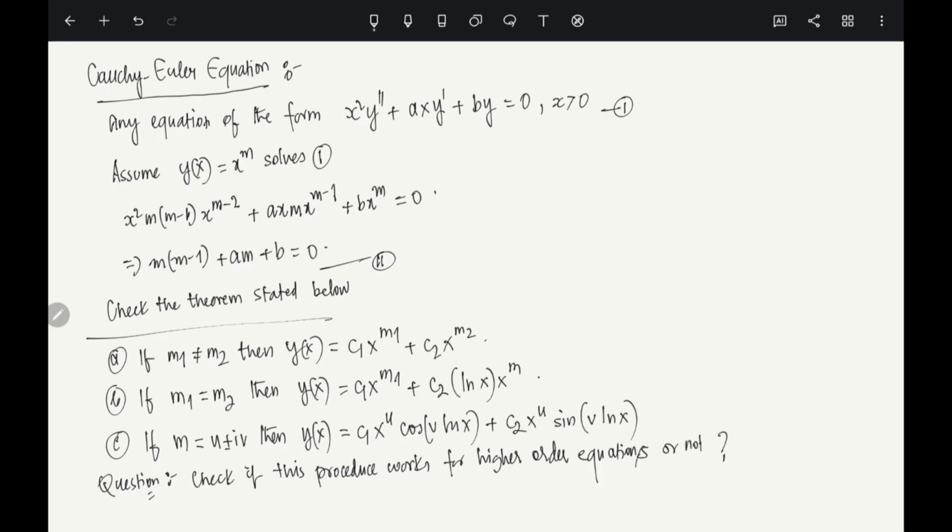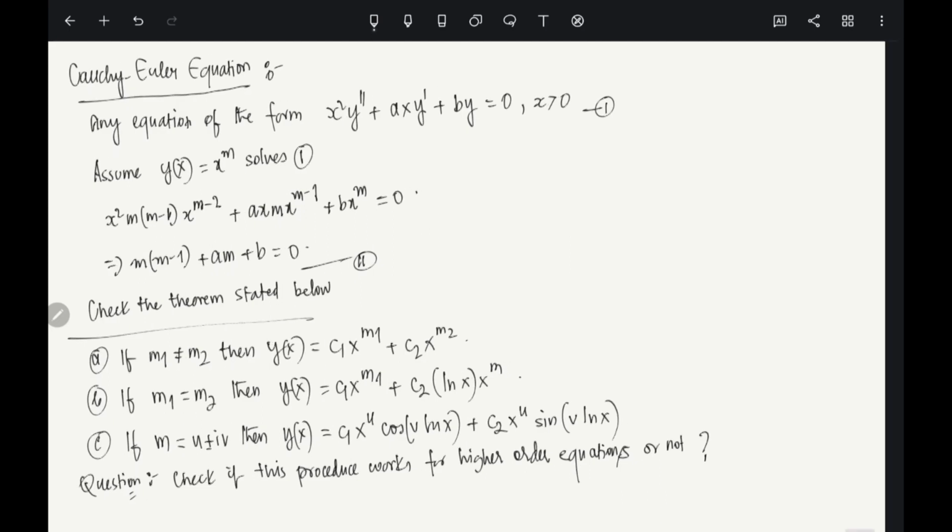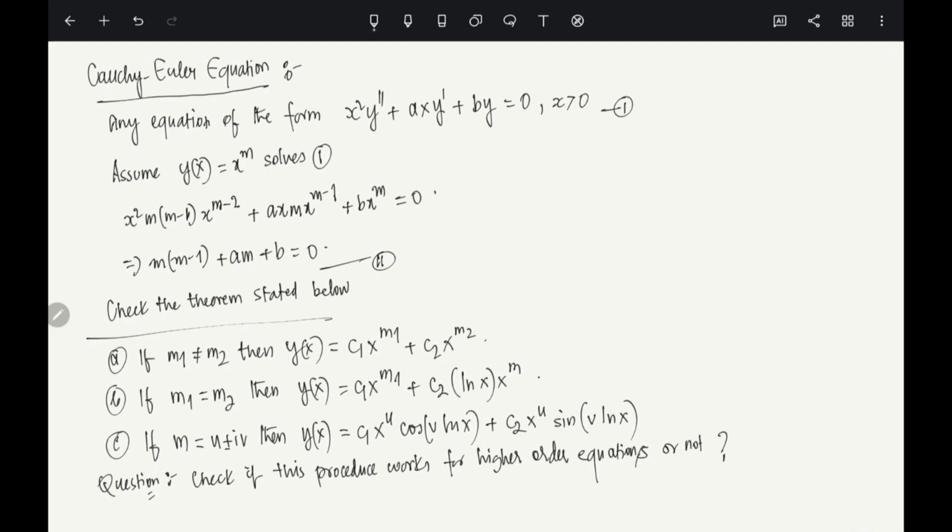Essentially it should work, right? Because what you are doing is reducing an ODE to an algebraic equation. It can be quadratic, it can be a third order equation, fourth order equation. If you can solve that algebraic equation, you have all the possible ways of finding the solutions. So please do that.